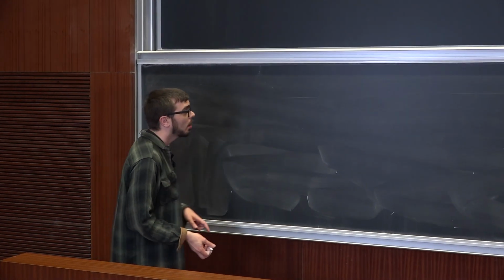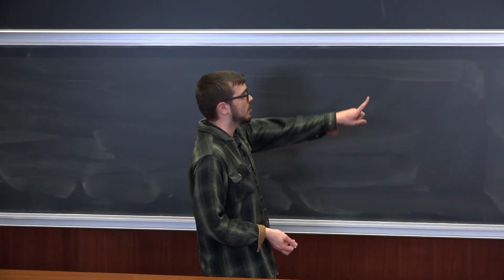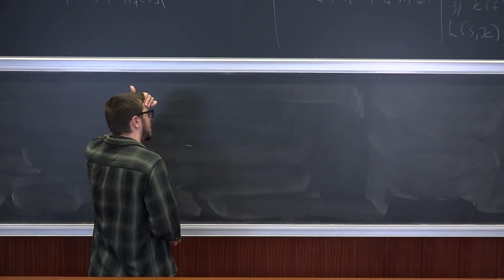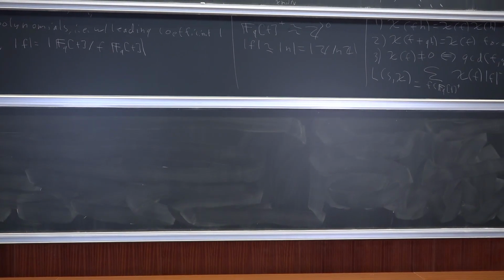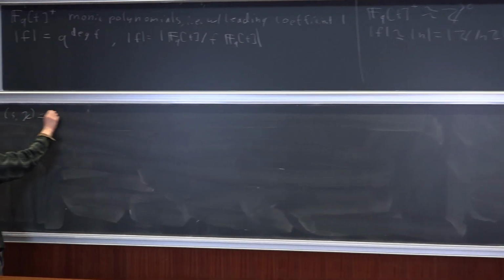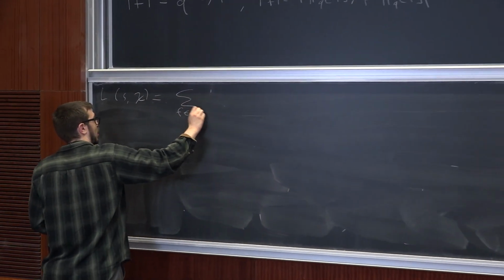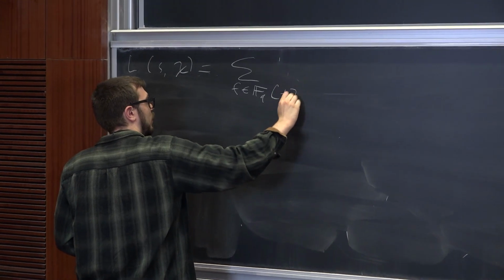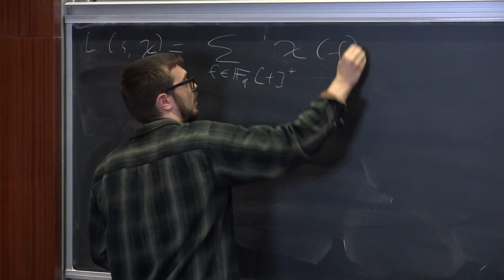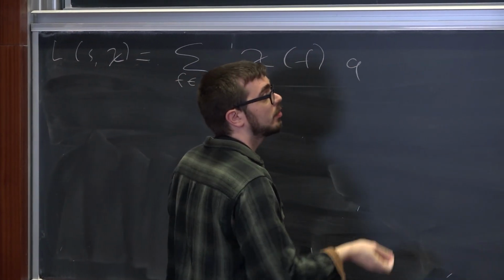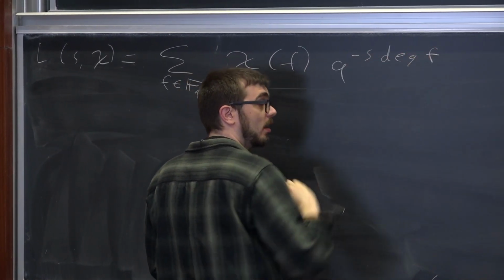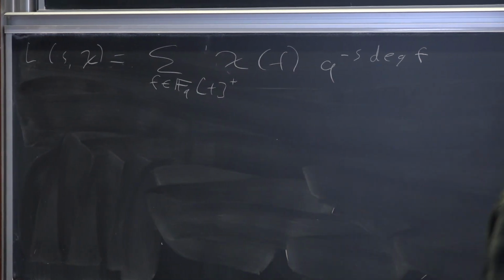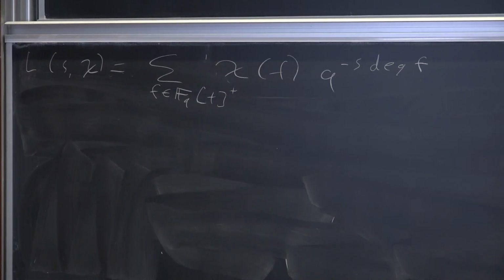So we can see what L(s, chi) is doing a little bit more clearly if we expand out the definition of the absolute value of f. So we can equivalently write L(s, chi) as the sum over monic polynomials, chi of f, times q to the degree f raised to the power minus s, which is the same thing as q to the minus s degree f. So each term in the sum ends up being a monomial in q to the minus s.